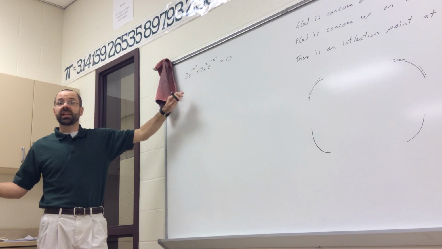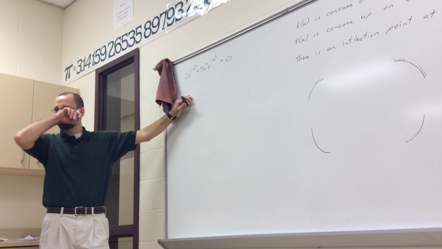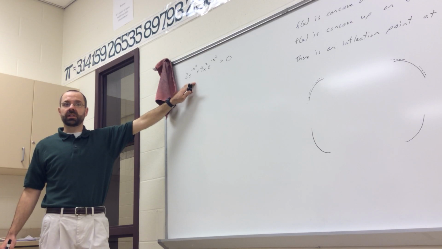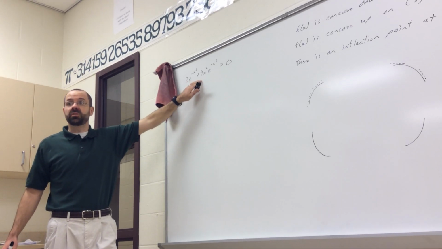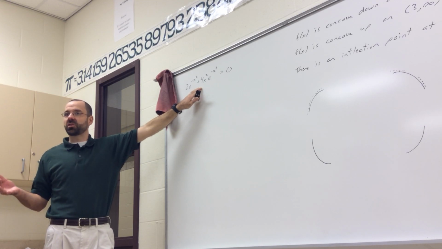So now it's just an inequality. This is why I've been harping on inequalities so much the last week. This is just a regular old inequality. This mess that I'm pointing to happens to be the second derivative, but that doesn't change how we're going to solve the inequality.